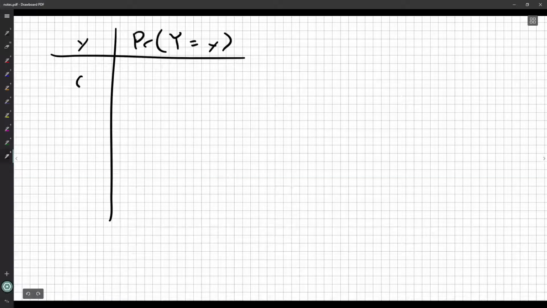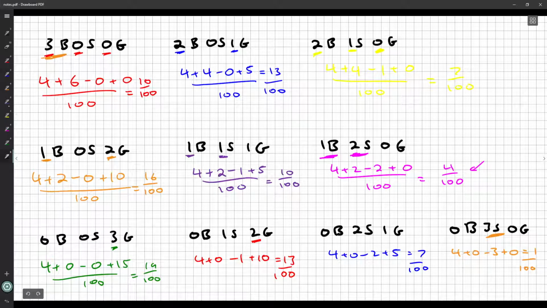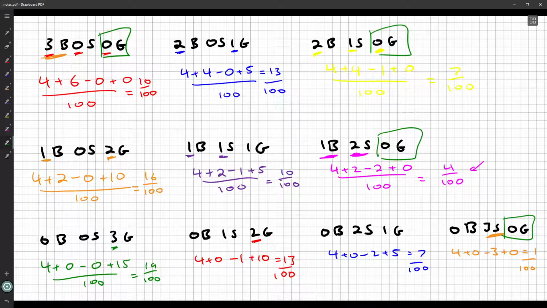So it's possible they got 0, 1, 2, or 3 gold medals. And now let's work out those probabilities. So we'll go back here and we'll say, well, which of these outcomes, which of these sample points have 0 gold, and then we'll add them all up. So 0, 0, 0, 0. I think that's it for 0 gold.